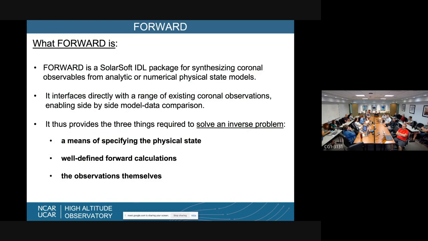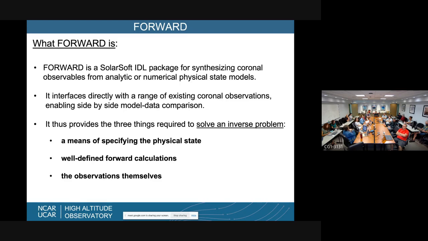It's one of the components in an inverse problem or an optimization problem, and it's providing you three kinds of elements. One of them is a means of specifying the physical state, like the density, magnetic field, and temperature of the corona in 3 dimensions. Those are the models, right? The analytic models or the numerical models.